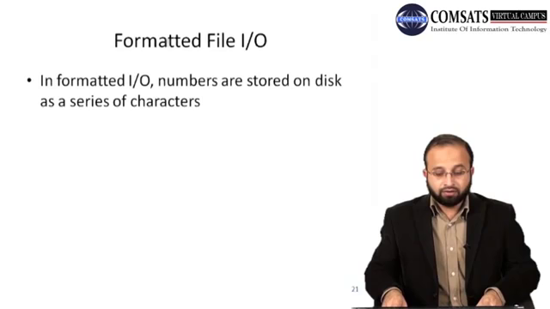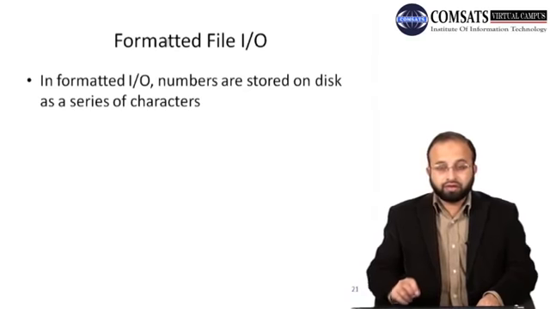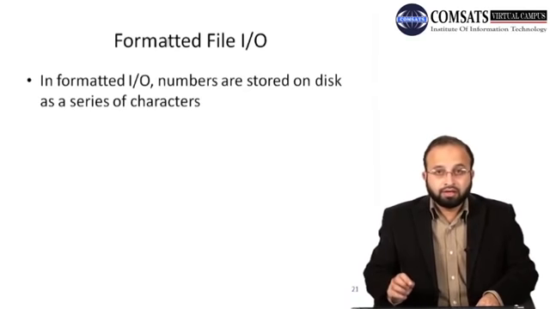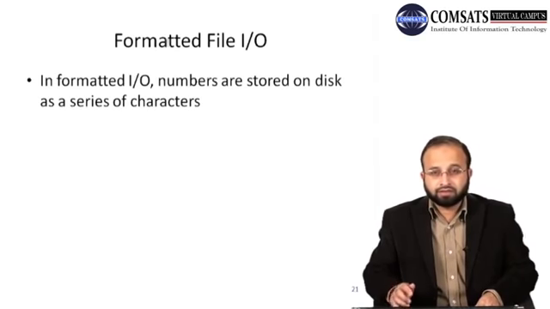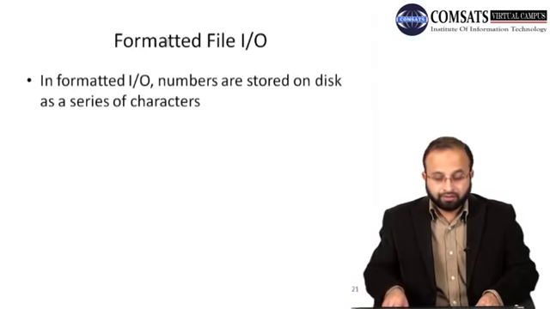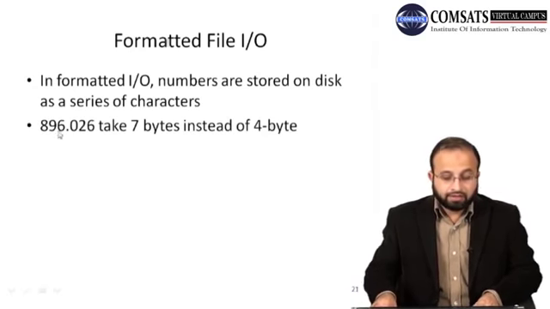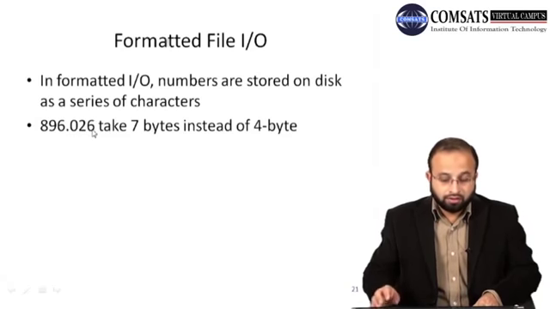Now formatted file I/O. In formatted I/O, numbers are stored on disk as a series of characters, right? So everything that you write in formatted I/O is stored in the file in the form of characters, whether it is integer, float, double, long, any kind of value. For example, 896.026 is a floating point value, so it takes 7 bytes instead of 4 bytes.